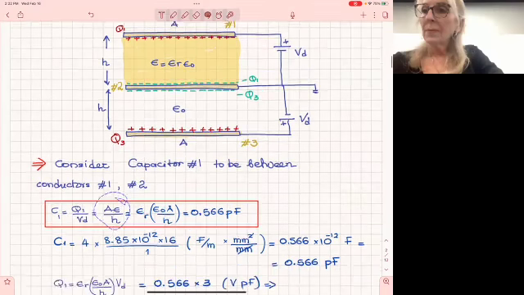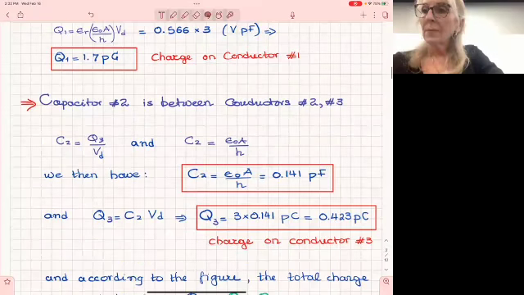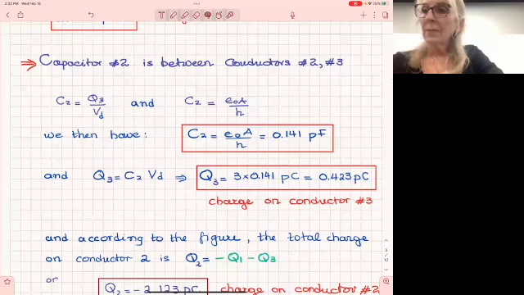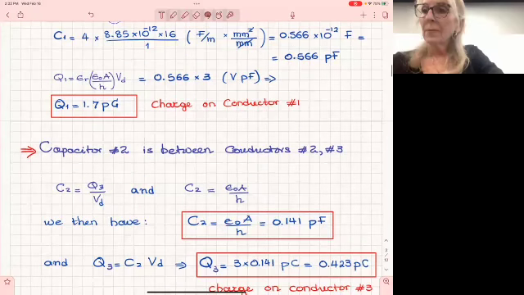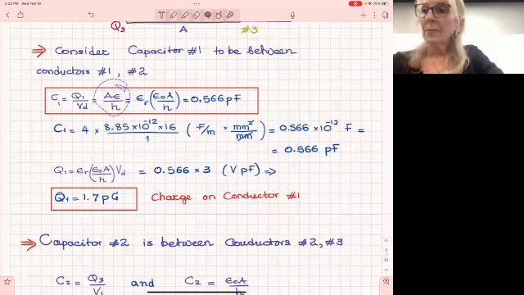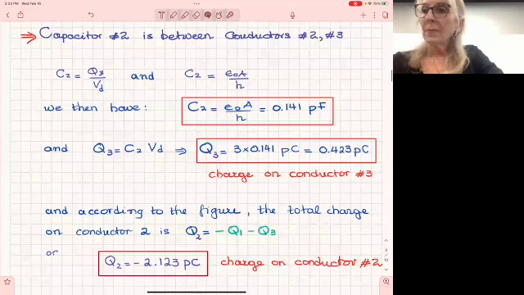So what do we find? C2. Let me see. Yeah, C2 is lower. Of course, higher is C1.